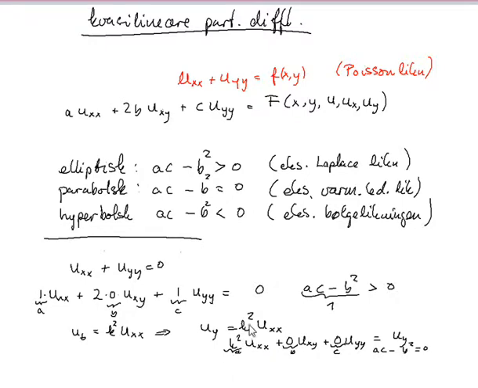So let's rewrite this equation. We see that in this case k squared must be this a in the general description of the quasi-linear equations. b must be 0 because we don't have such terms.